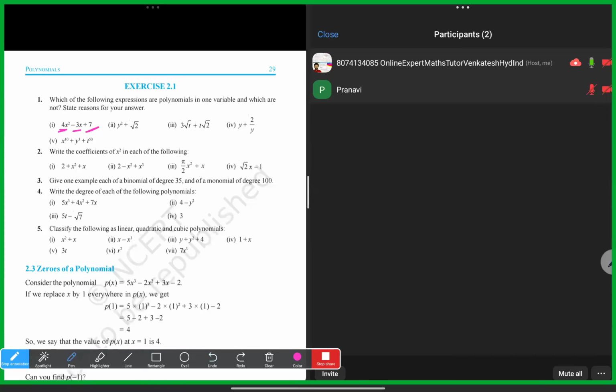Yes, sir. 0 is neither positive nor negative, but it is not a problem. If you observe the powers of variable x, all of them are positive and we don't have any negative rational powers. So the first one is yes. It's a polynomial in one variable.